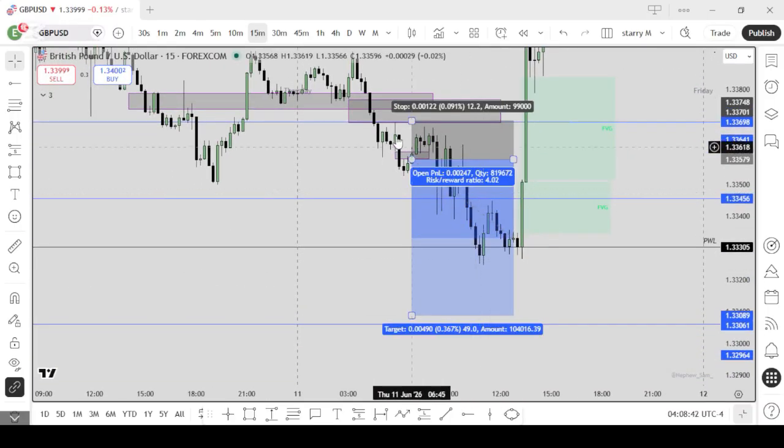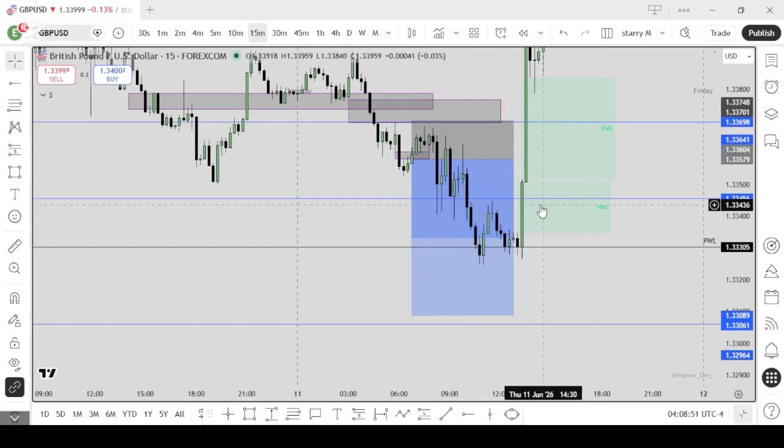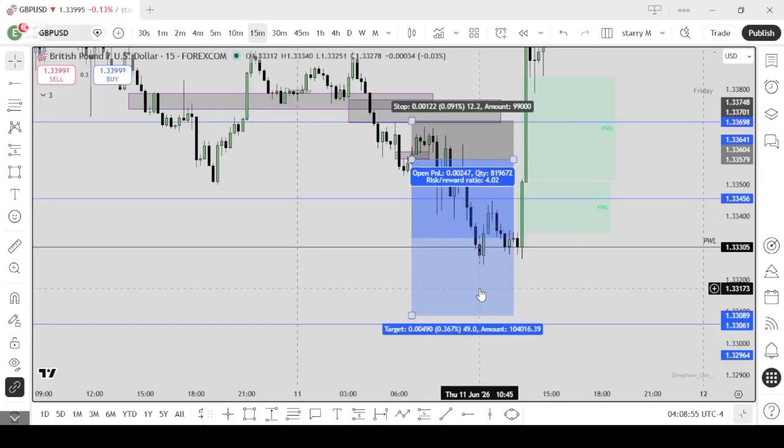So you see it started doing all these things, and then it started forming fair value gaps here. So I was very confident. But now again, another thing I forgot is that once your entry is on 15 minutes, you switch from being a swing trader, or a trader who waits for days, and start working with time.